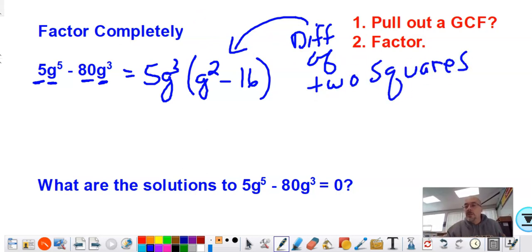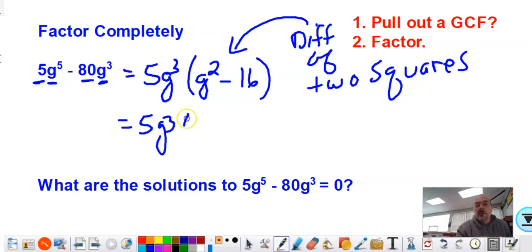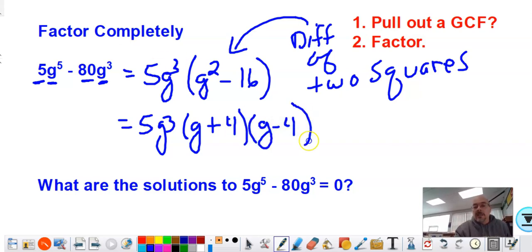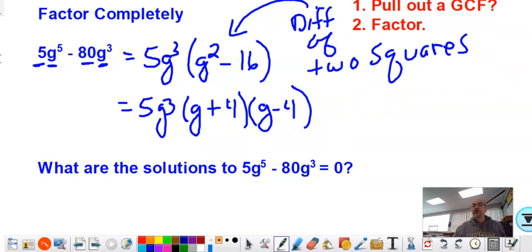You always need to be on the lookout for those special cases. So, remember a difference of two squares? That would be g. Now the square root of 16 is 4. That would be g plus 4 and g minus 4. Okay, difference of two squares.